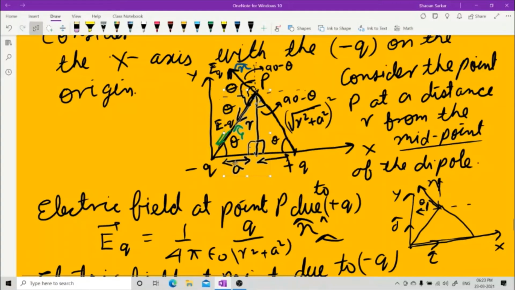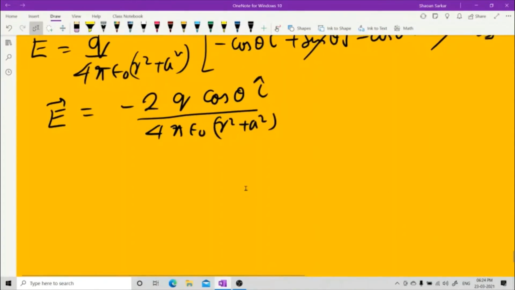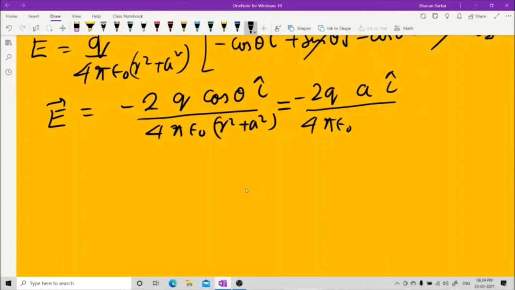Base is A and hypotenuse is under root R square plus A square. So we write it as E equal to minus Q A i upon 4 pi epsilon naught R square plus A square to the power of half, that is, under root of this.